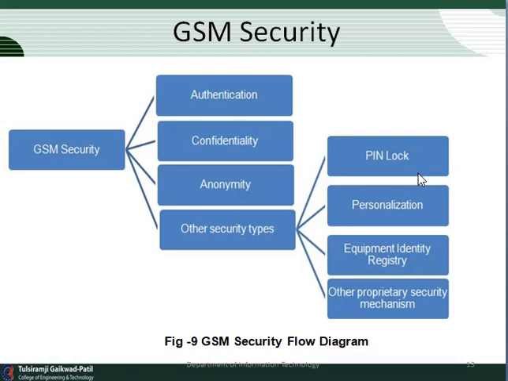After that, personalization means we are providing biometric expressions or facial expressions, eye retinas, eye contact. This is for personalization, as per security purposes. After that, equipment identity, what is the equipment identity register? Means we are providing identity to the equipment, that this identity belongs to a particular organization, or this organization has the authority to maintain that equipment.